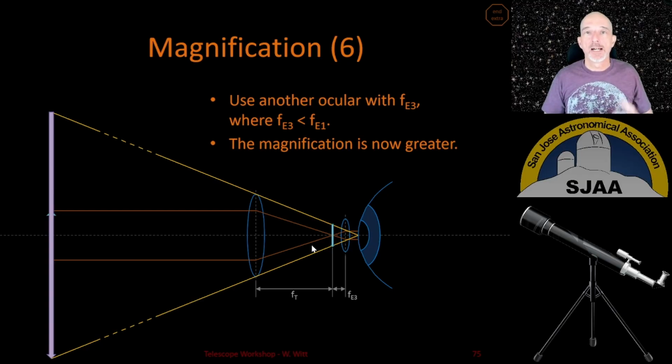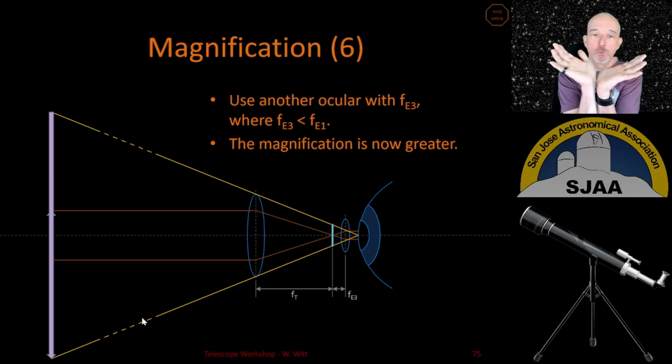So the high level takeaway here is that with the telescope focal length fixed, which is typically the situation, right? You have one telescope, and you're then changing eyepieces. As you make that eyepiece's focal length smaller, magnification increases because this perceived light cone becomes steeper or wider.